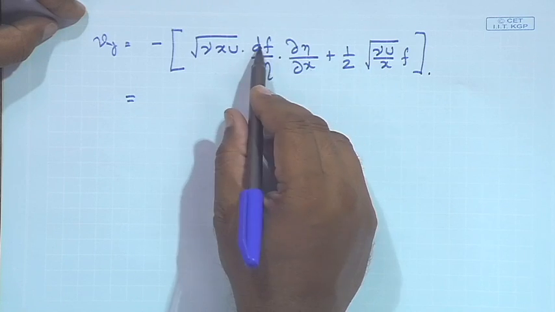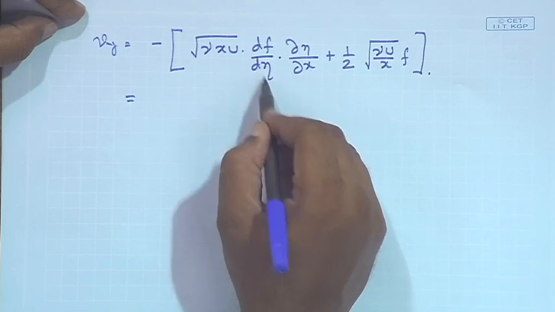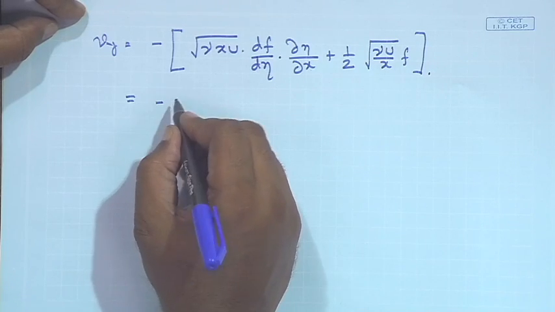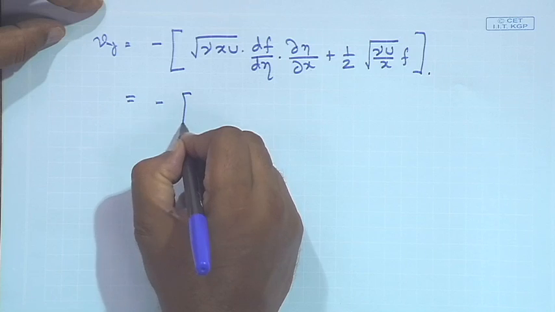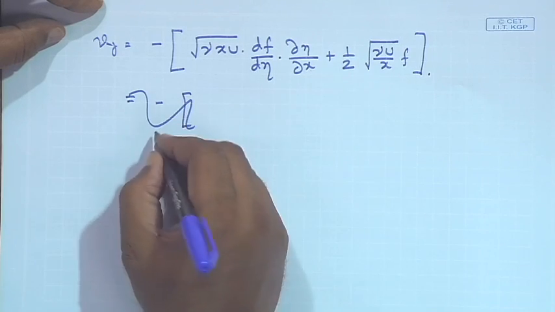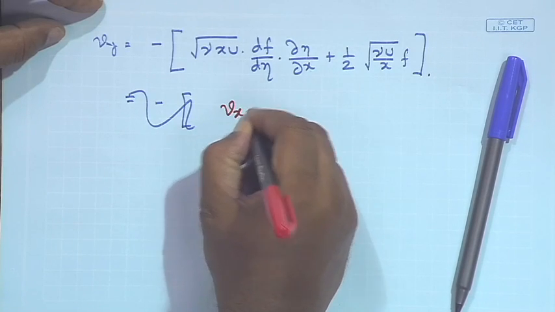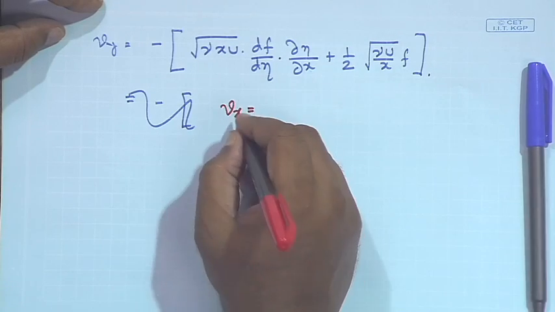So instead of del f del x, I simply write df d eta, since f is a function only of eta. I'll simply write the final step, since it's given in a nice form in the equation in the textbook.